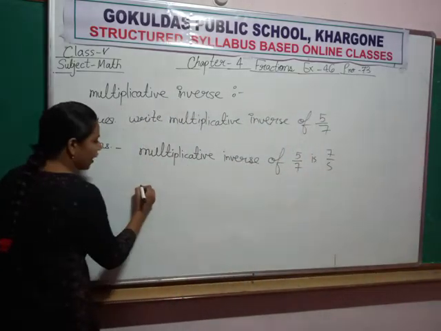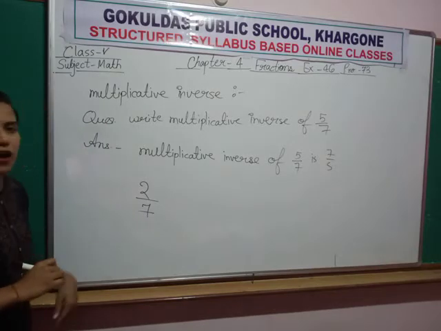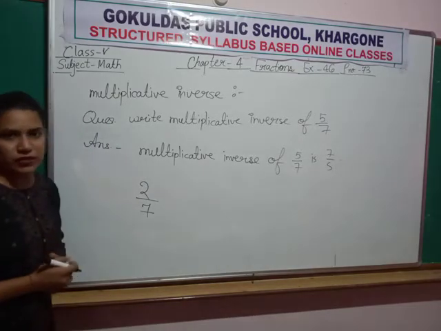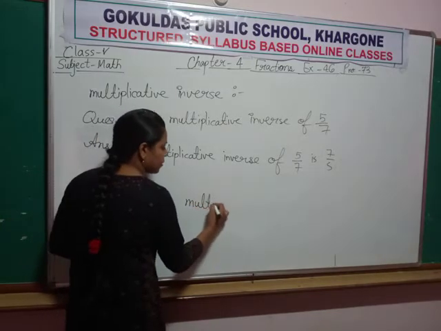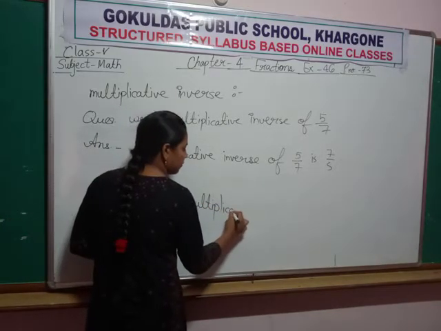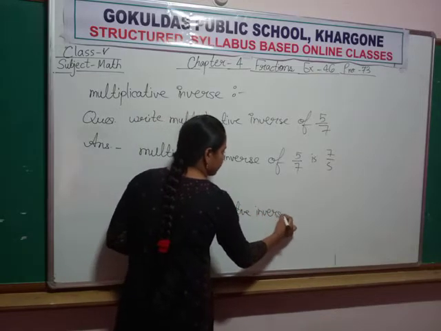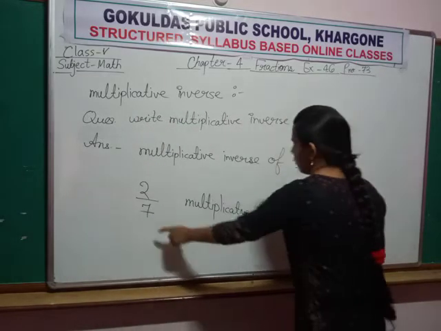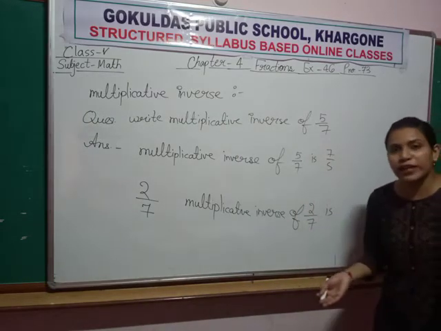Suppose you want to write the multiplicative inverse of 2/7. Your given fraction is 2/7, and what will be its multiplicative inverse?